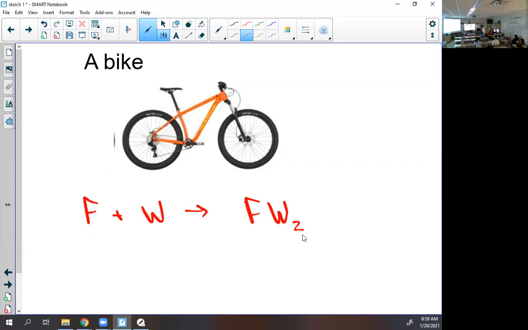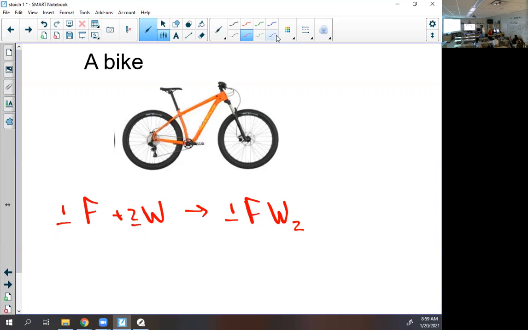Yeah. Okay, so then we're like, hey, that's not balanced. I know that the bicycle needs 2 wheels. So in order to make a bike, I would balance it by putting a 2 in front of the W and then a 1 in front of everything else. So 1 frame, 2 wheels goes to one bicycle.